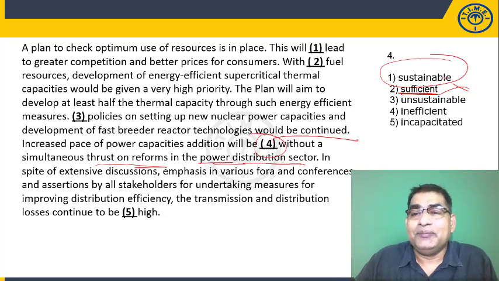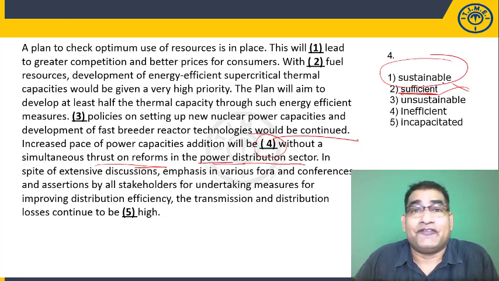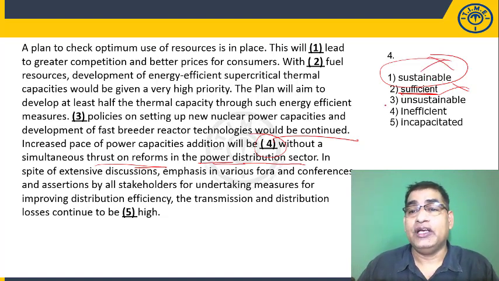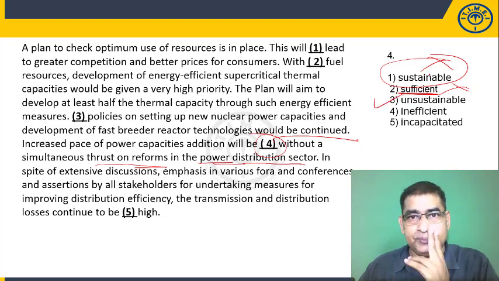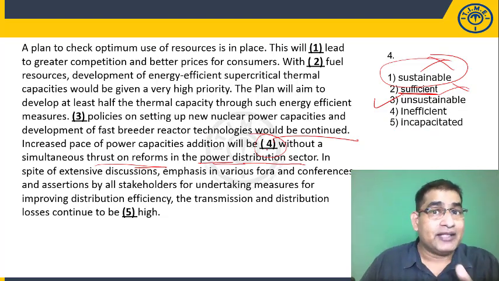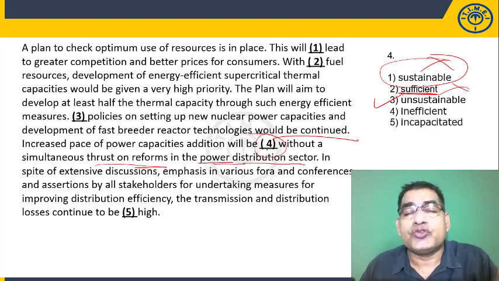Sustainable is similar to sufficient, right? Will be sustainable is like saying positive, but we are looking at a negative word. So this is wrong. Unsustainable, possible. Closer in meaning to our word insufficient. That will be insufficient without this. That will be unsustainable without this. Makes sense, right? Close, if not the same as we thought.